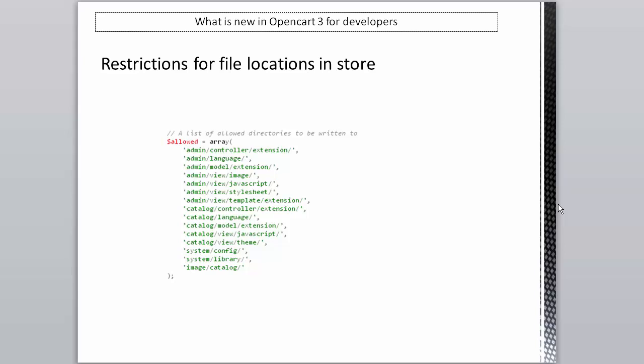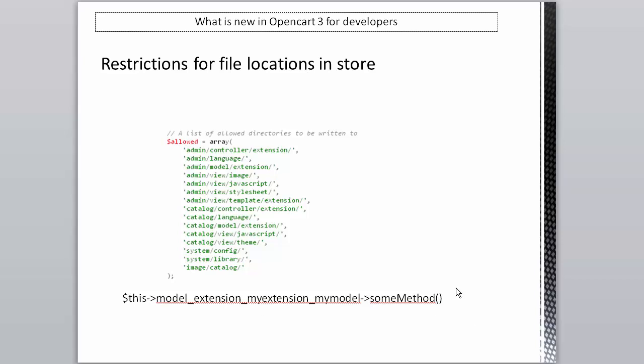They are taken from the Opencart code, so mostly you have to place all extension files into admin controller extension or admin model extension. That means your files will be uploaded into deeper directories and the path to them will be quite long. Here is an example of how your path will look in the new format.